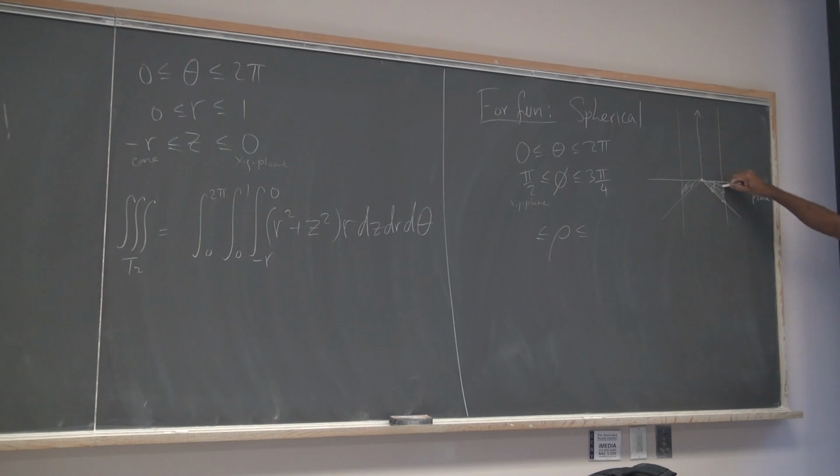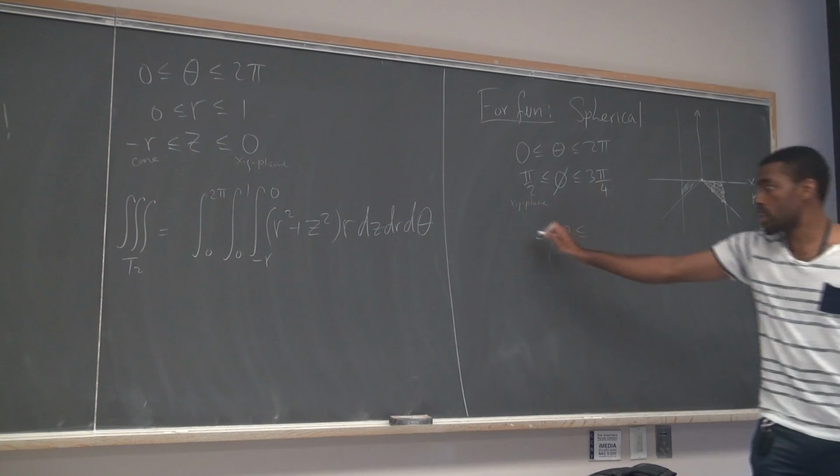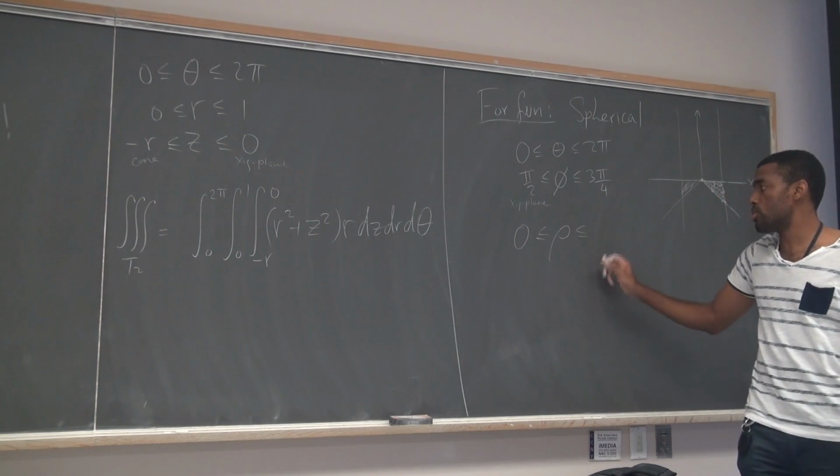What am I measuring the distance to? The cylinder, right? So I need to somehow measure the distance from the origin to the cylinder. How am I going to do that? It clearly starts at 0, but it's going out to the cylinder.